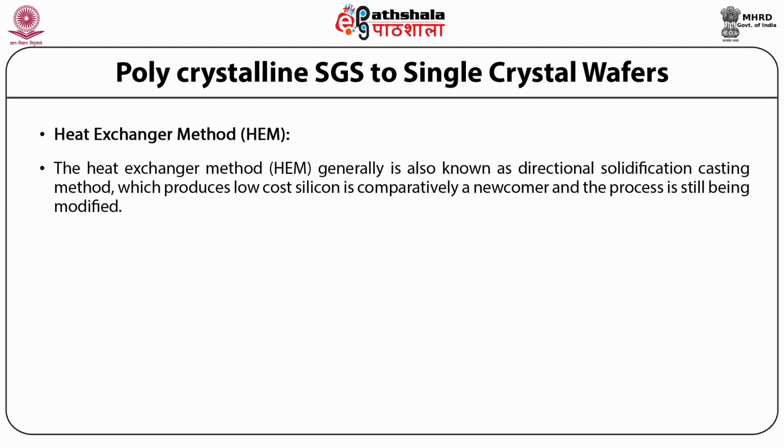In this method, the SGS is kept in a square quartz crucible placed in a constant temperature hot zone. The directional flow of heat from the hot ingot to the exterior being done by a gas-cooled heat exchanger base plate where the crucible is placed.